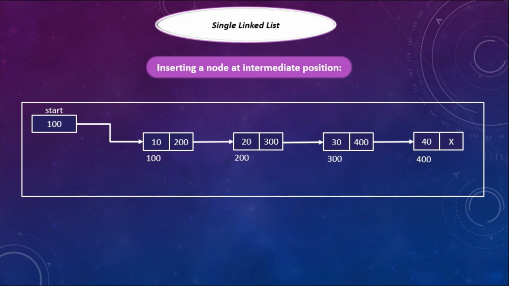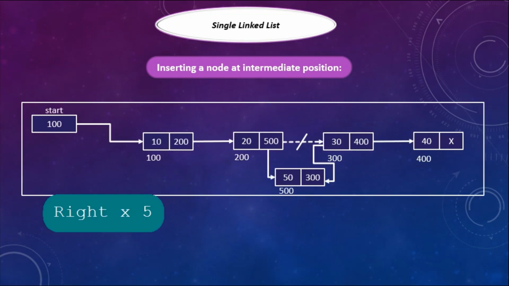So what we need to do is simply break the link between the second node and the third node, place a new node in between, and link that node with the second one and the third one. In such a way we can insert. So what are the steps to insert the new node at an intermediate position?